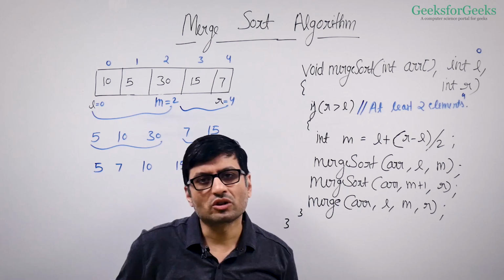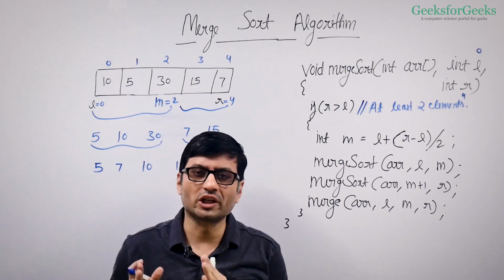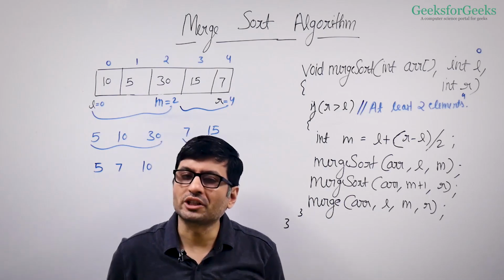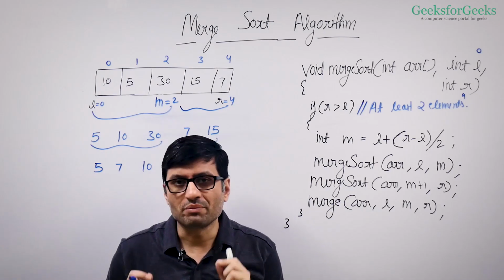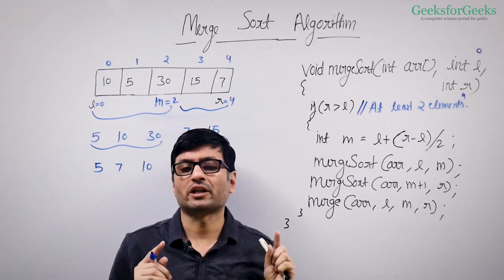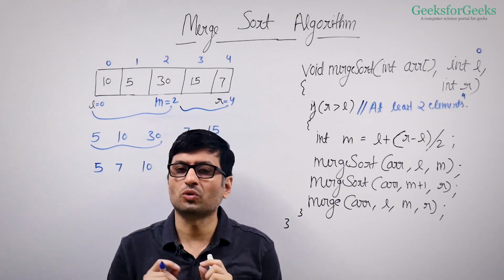So what we do in merge sort: we first check if there are at least two elements, right? If there is one element, there's no point sorting. After checking this, we find the midpoint. After finding the midpoint, we recursively sort elements from low to mid.